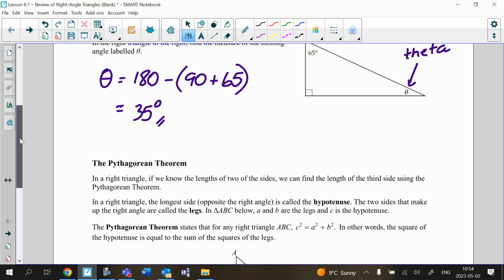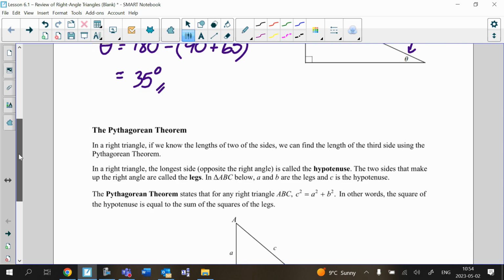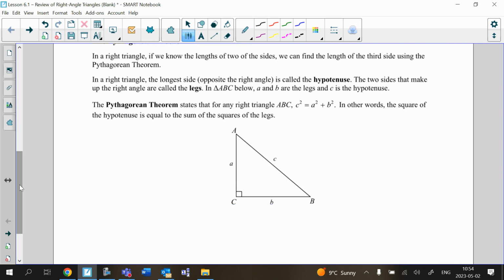So we should be familiar with the Pythagorean theorem, where in any right triangle, just like any triangle, is made up of three sides. In a right triangle, we often call the sides that make up the right angle the legs, and then the longest side the hypotenuse, which you, again, should be familiar with.